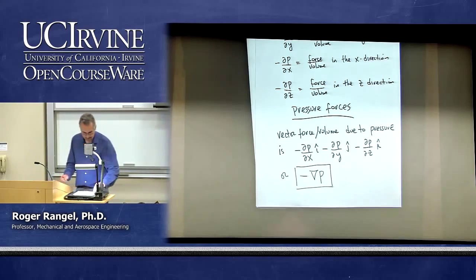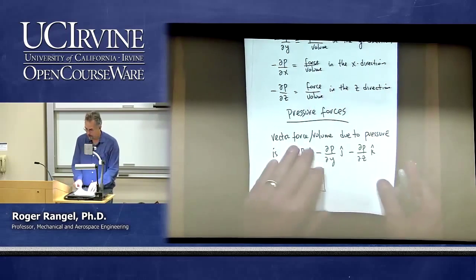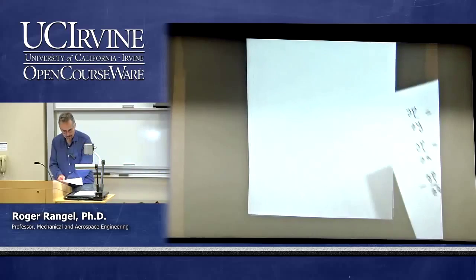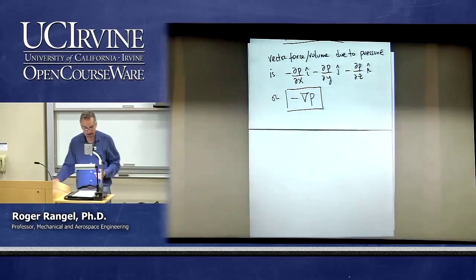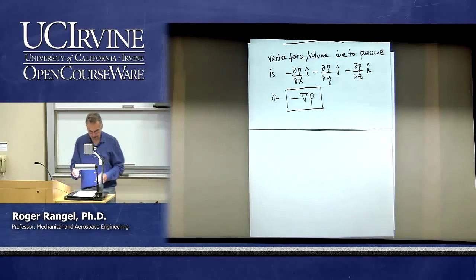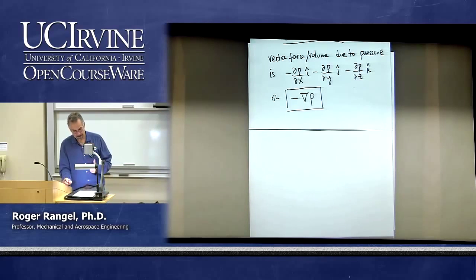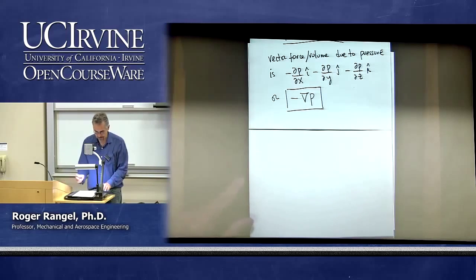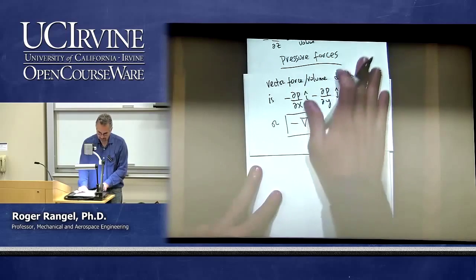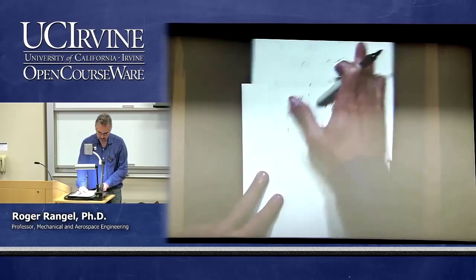Okay, so if I put everything together, this is only the pressure side of the story. If I add the weight, then remember that the weight only acts in the z direction.